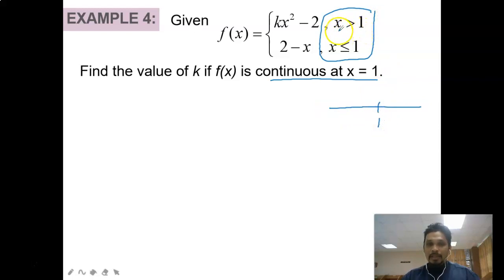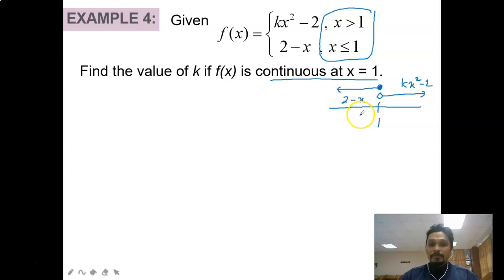So x greater than 1, this is the domain for kx squared minus 2, and then x less than or equal to 1 for the function of 2 minus x.